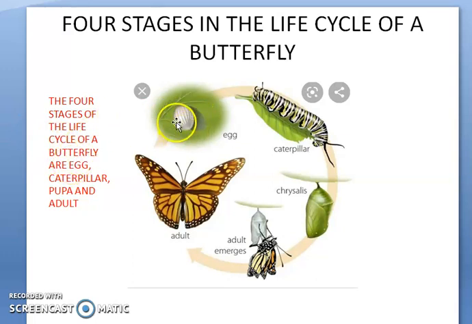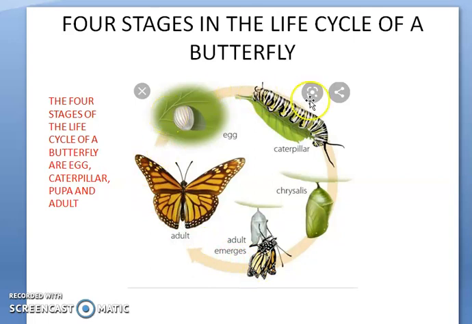The butterfly lays eggs, and out of the egg comes the caterpillar. It looks like a worm rather than a beautiful butterfly. Then you have an inactive stage which is called pupa. And then out of the pupa comes the beautiful, pretty butterfly.